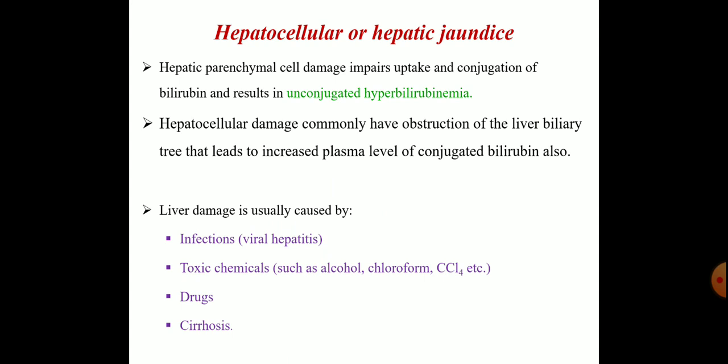So in hepatocellular jaundice there is elevation of both conjugated as well as unconjugated bilirubin. This type of hyperbilirubinemia is observed in liver damage, usually during infections, toxic chemicals, drugs, and cirrhosis of liver.